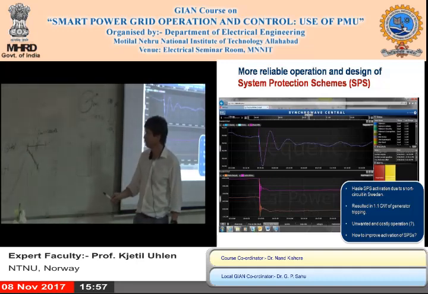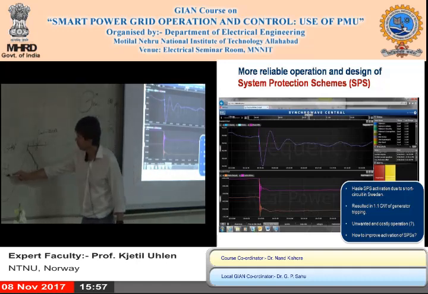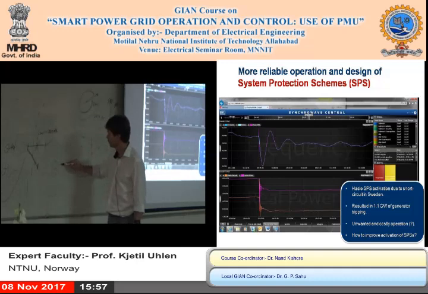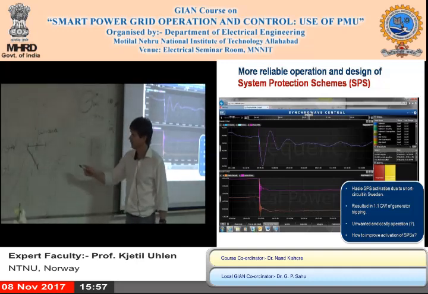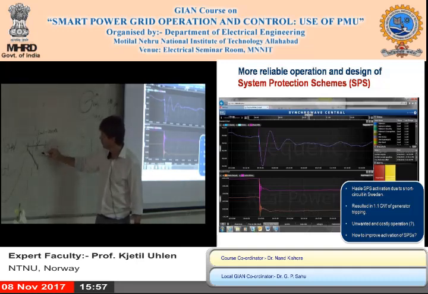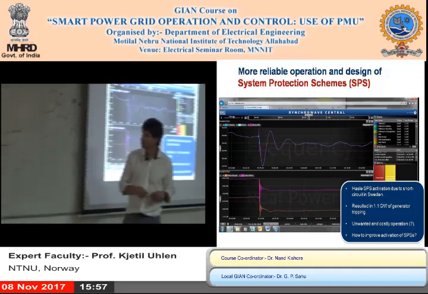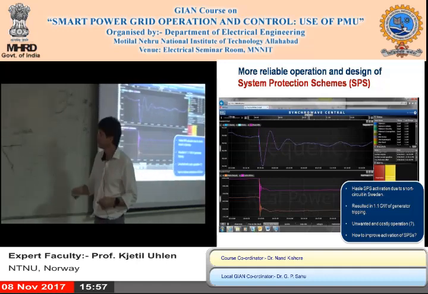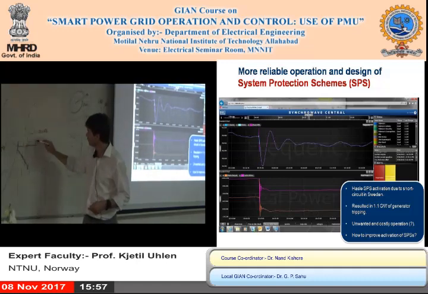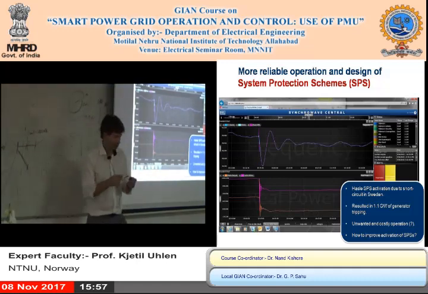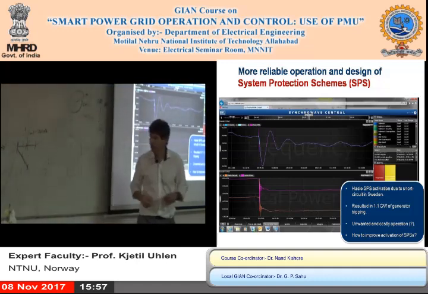And what happens then? Well, the other generators will provide primary reserves, so will the ones in Sweden. And the effect is that you have reduced the power transfer. So the system protection scheme does immediately reduce the power transfer to avoid overload in such a case.